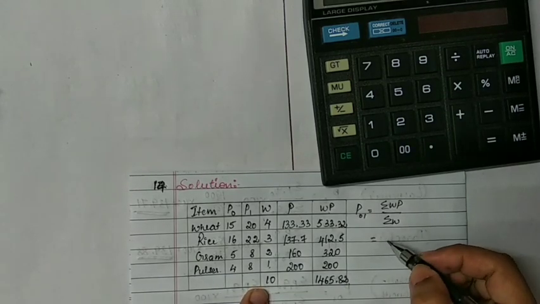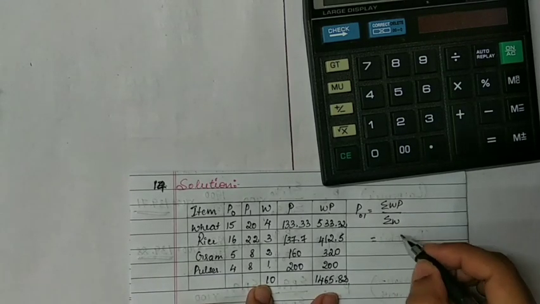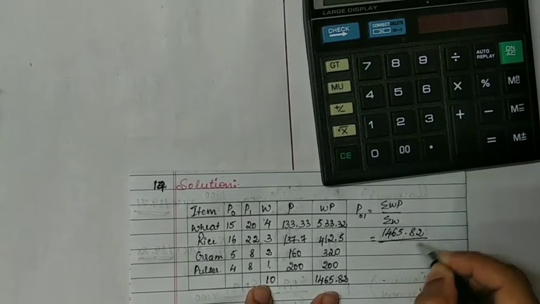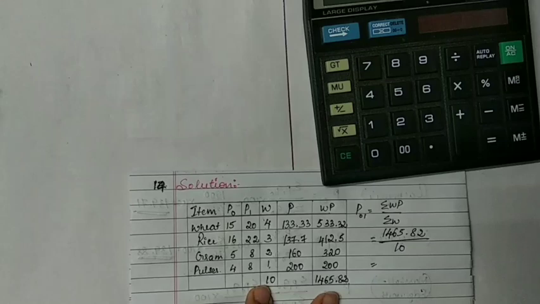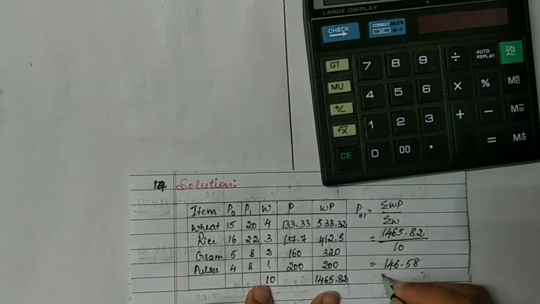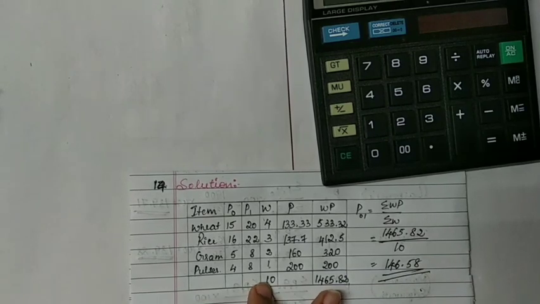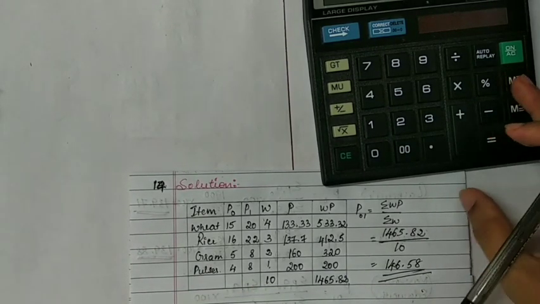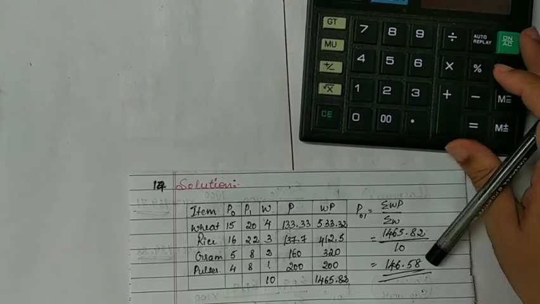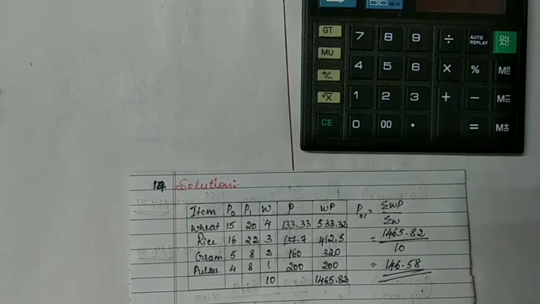Let us apply this into the formula. 1465.82 divided by 10, and the answer is 146.58. That's it. We are done with the calculation of arithmetic mean, that is weighted average of relatives on the basis of arithmetic mean.